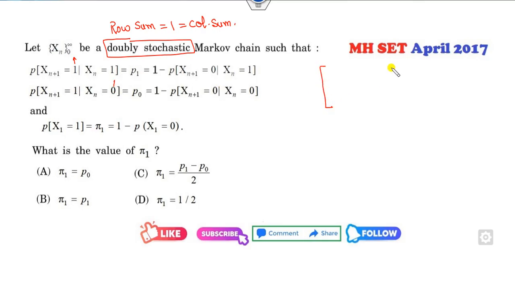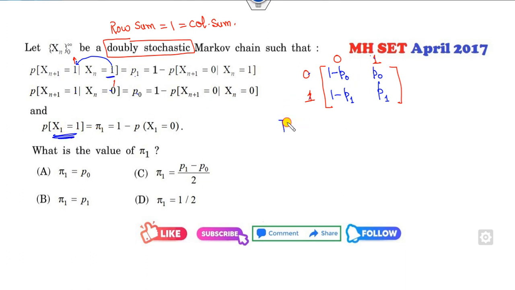So this is my Markov chain, states 0 and 1. When going from 1 to 1, the probability is my P1. So this number will be 1 minus P1, because row sum will be 1. From 0 to 1, that is my P0. So this number will be my 1 minus P0. Then this is the Markov chain.